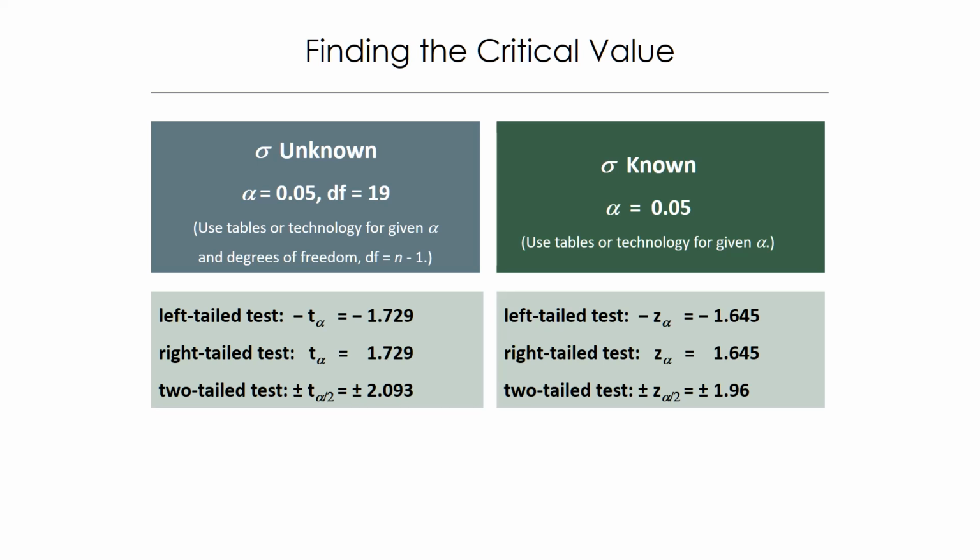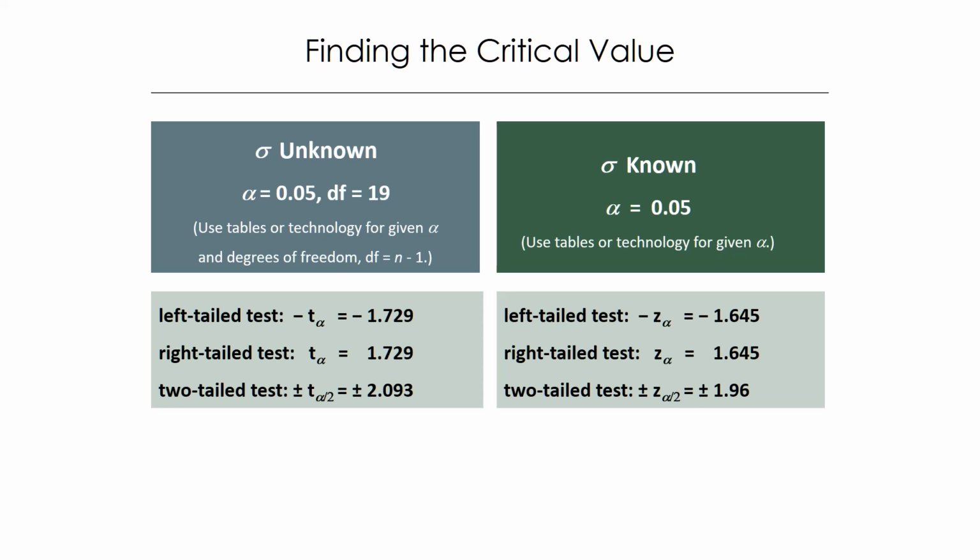So if sigma is unknown and alpha is given to be 0.05, which is the most common level of significance, you use the degrees of freedom, which in this case we're using an example of n equal 20, so the degrees of freedom for the t-distribution would be 19, and then we can use tables or technology for this given alpha and these degrees of freedom.